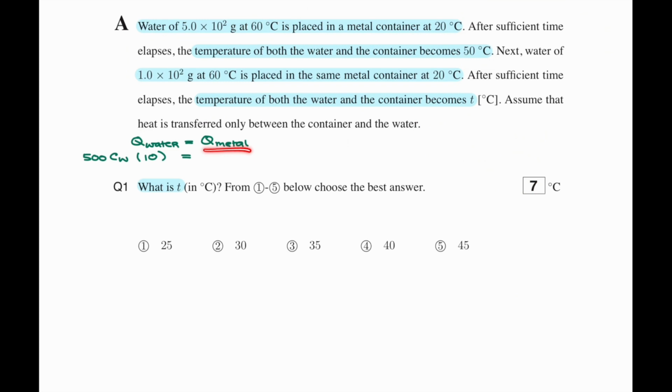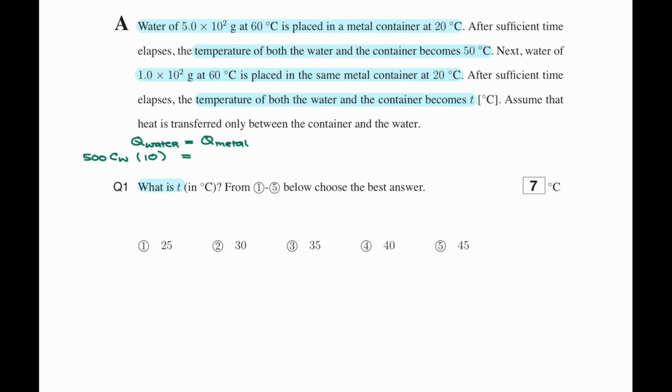thermal energy of the metal. Remember that metal absorbs heat. The initial temperature is 20, the final temperature is 50. So the metal container absorbs heat that is released by the water. If I want to calculate the thermal energy of the metal, I can use the same equation, which is mc delta T. I do not know the mass of the metal, so leave it as m.